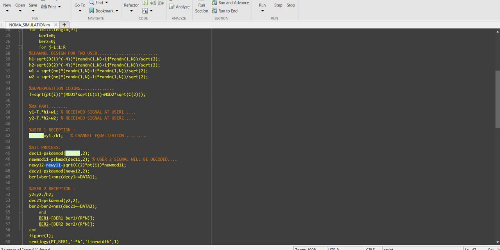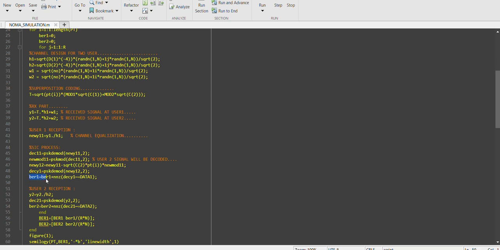When we subtract the user 2 data from the received signal data, we eliminate the interference coming from user 2. After that, we do direct demodulation, and we get the data of user 1, right? Here the BR variable will store how many bits are different from the actual transmitted data.